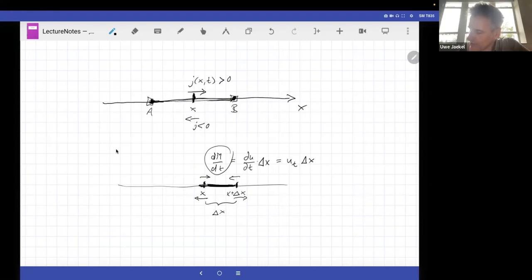But whatever it does, every piece of matter that enters this interval has to cross the right or the left border. That is continuity. No beaming, no apparition.